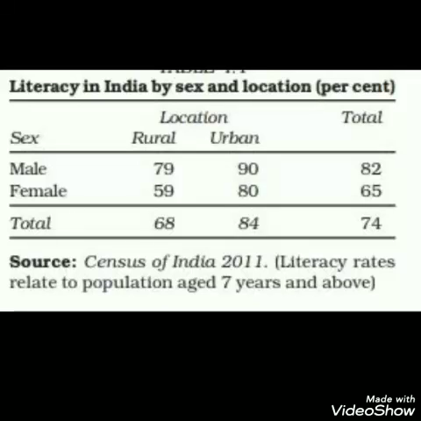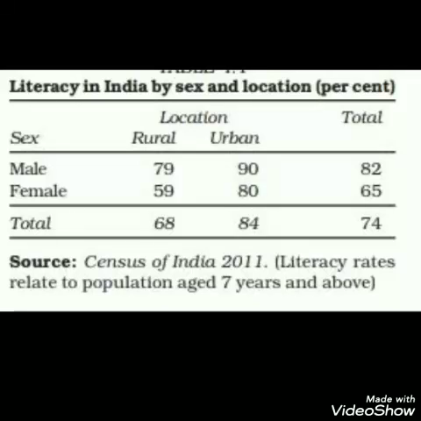This example clearly explains the qualitative classification, because two types of qualities are mentioned in this table. The first is sex, male and female, and according to location, the two qualities are rural and urban.